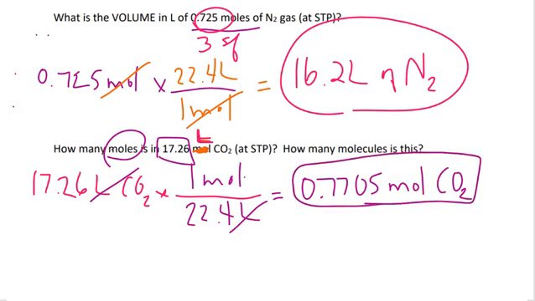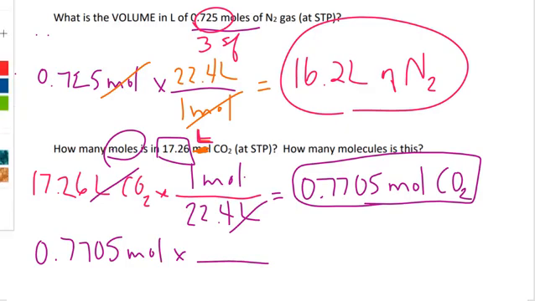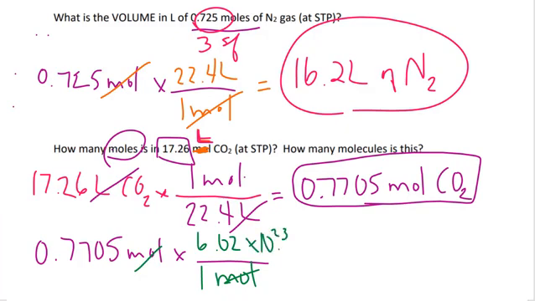And then to get to molecules, I'm going to start with the moles that I'm given, my 0.7705 moles, and I'm going to convert from moles to molecules, knowing that 1 mole, with moles on the bottom, is 6.02 times 10 to the 23rd molecules. I'm going to write out all of molecules because if I abbreviate it, it kind of looks like moles.